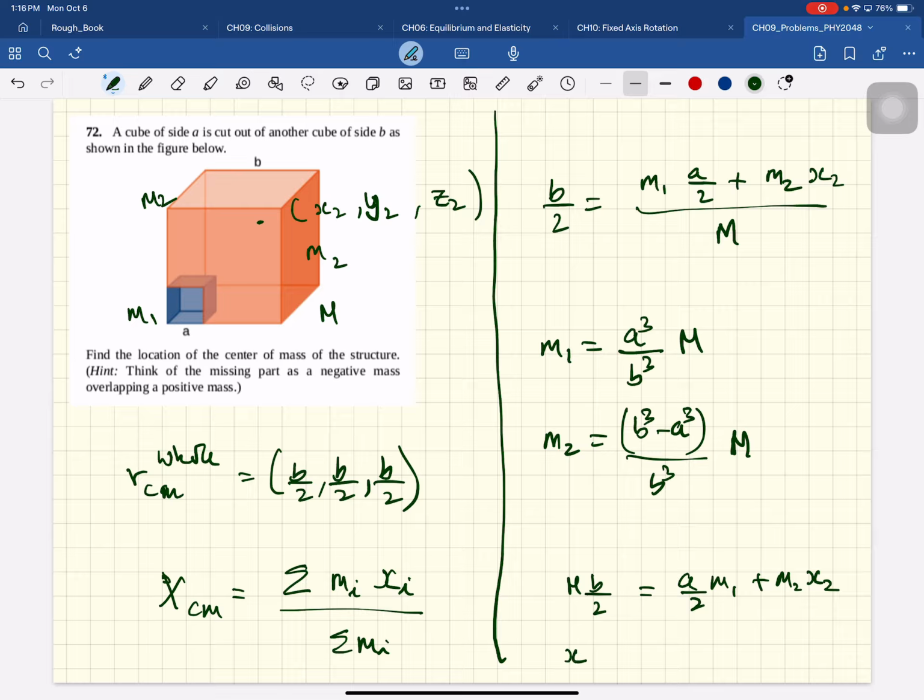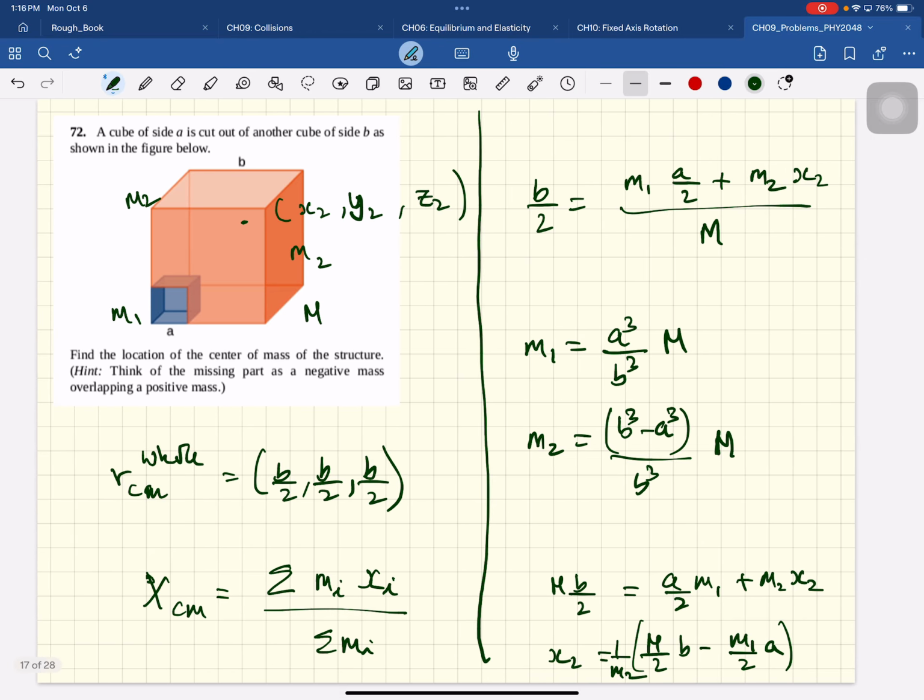So X2 is M times B by 2 minus M1 times A by 2, divided by M2. Just a whole bunch of algebra. Let's write this down.